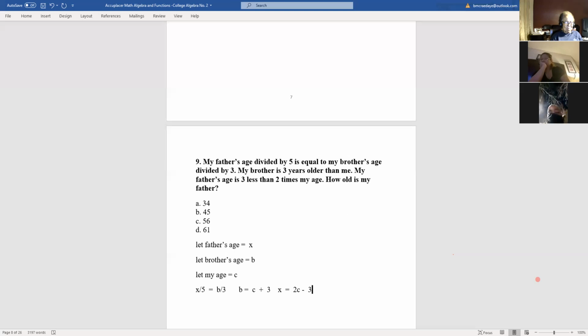You gotta combine them. So tell me what to write. What equation do I write? 2C plus C. What is that equal to? C is your age. When they say me, I'm calling that my age, C.